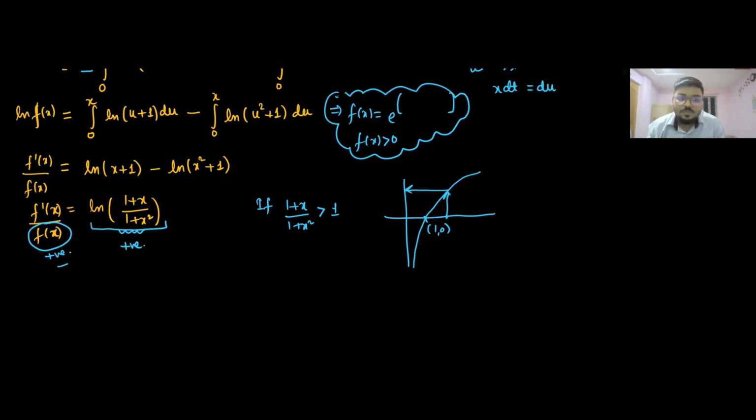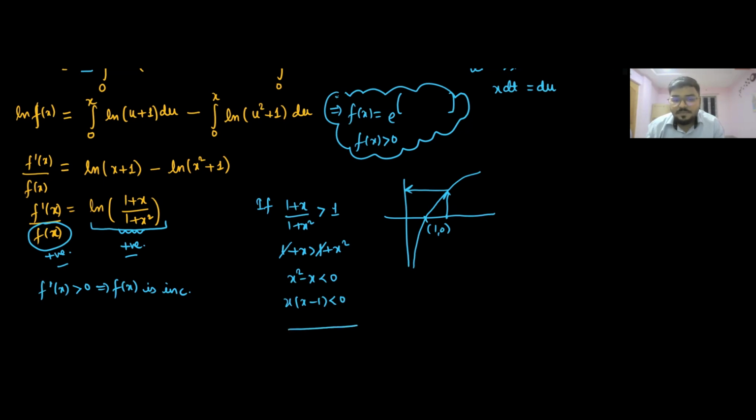And if this is positive and this is positive, then can we say that f'(x) is also positive? Yes. And then we can say that f(x) is increasing. But for what values of x? We get that from here. Cross multiplying, because 1 plus x square is a positive quantity, I can cross multiply. So I get x square minus x less than 0. Taking x common, I am left with x times (x minus 1) less than 0.